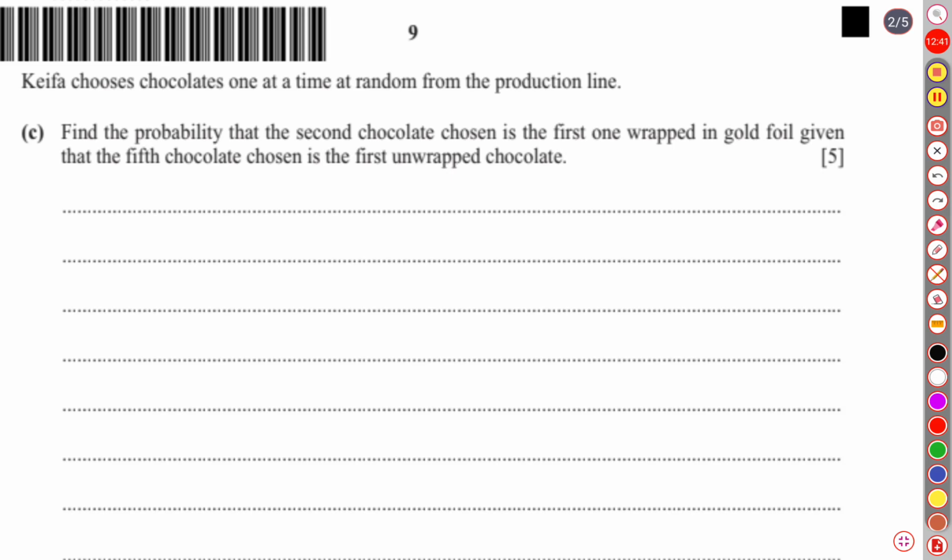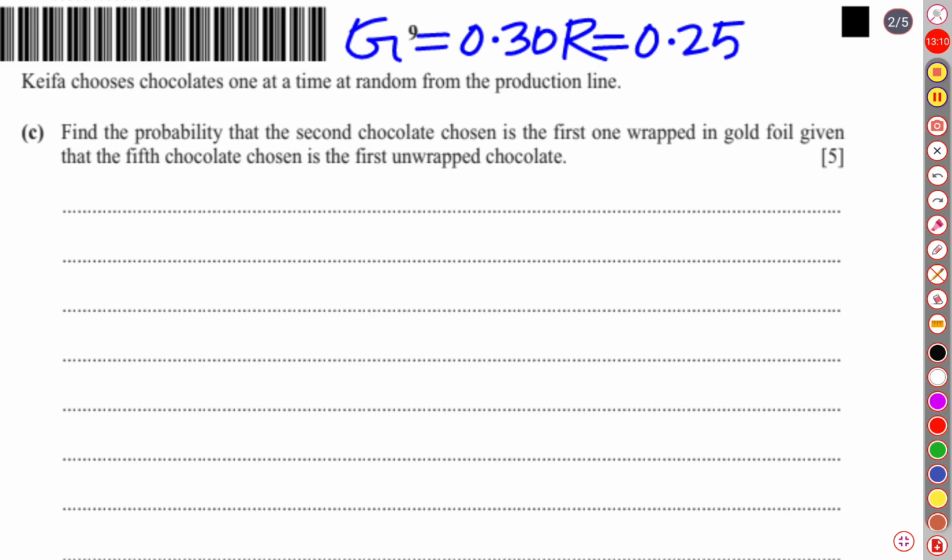So let us write the probabilities first. The probability of gold foil, G, is 0.3. The probability of red is, as we have already found, 0.25.